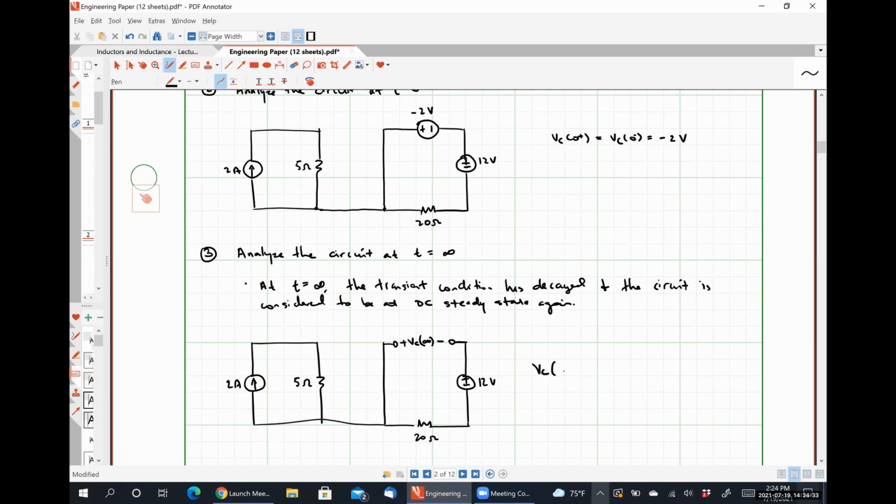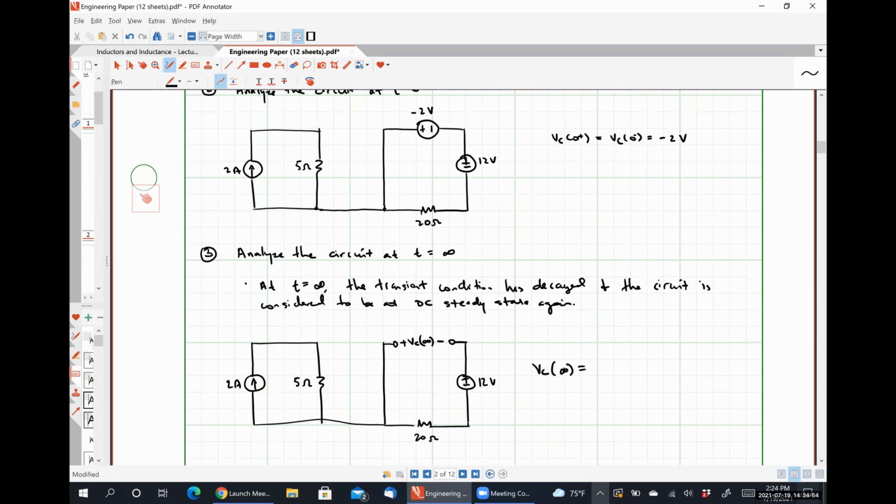So what should our value for VC at infinity be? 0 volts. I disagree. Would it be 12 volts?